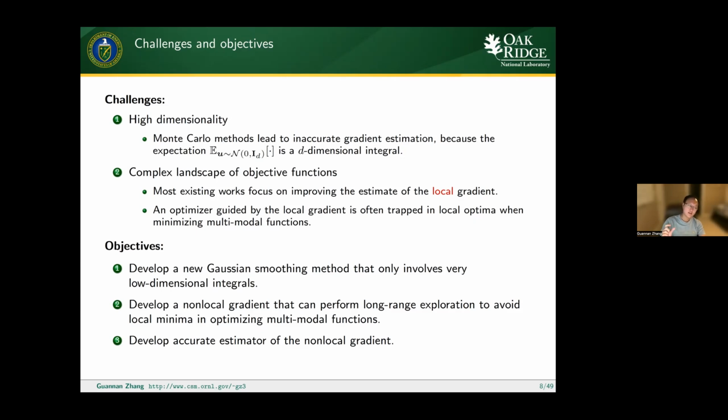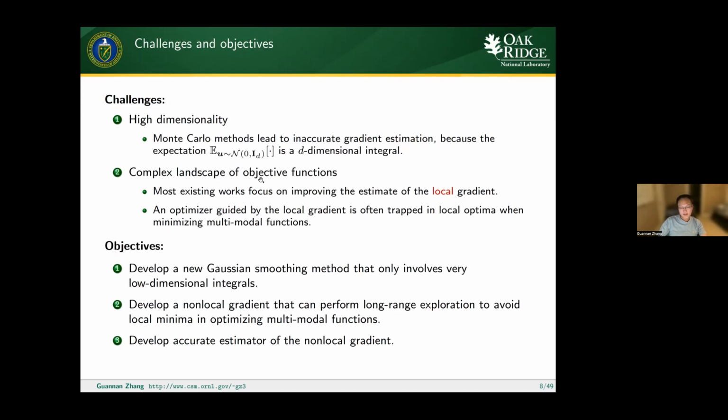But when sigma is very small, you cannot handle multimodal loss functions, because you are just approximating the local gradient. When you want to handle non-convex loss functions with a lot of local minima, you want a bigger sigma to smooth them out. But with a big sigma, you suffer from the low accuracy of the Monte Carlo samples. So you are in a dilemma.